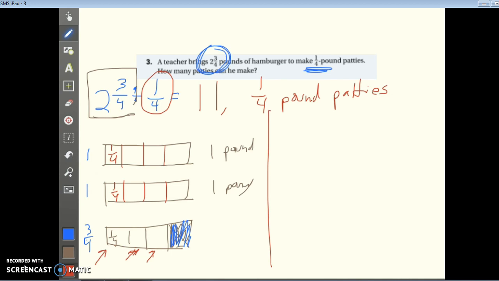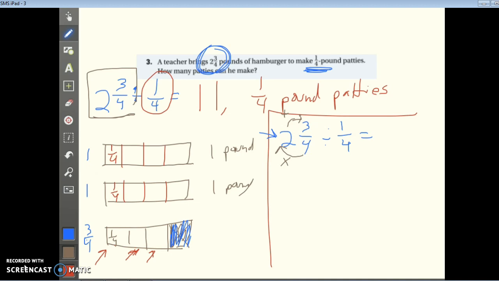Let's try this procedure-wise. Let's see what we get here. We have 2 3/4 divided by 1/4. Now, with multiplication of fractions, a lot of times we would try to turn this into a mixed number, and it is a mixed number, turn it into an improper fraction. So let's do that here. And if you remember the procedure, it's going to be the denominator times the integer out front, and then you're going to add it to the top.